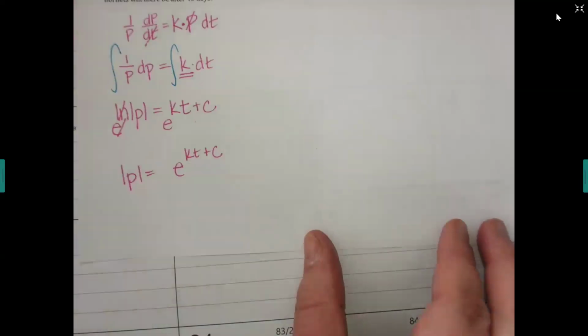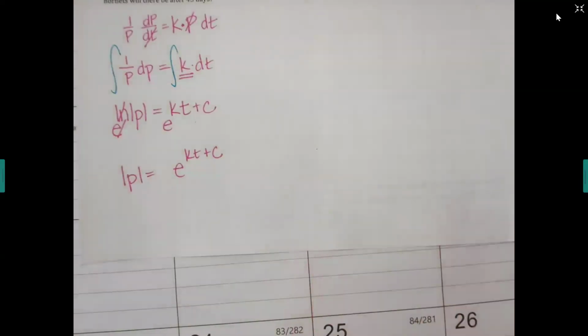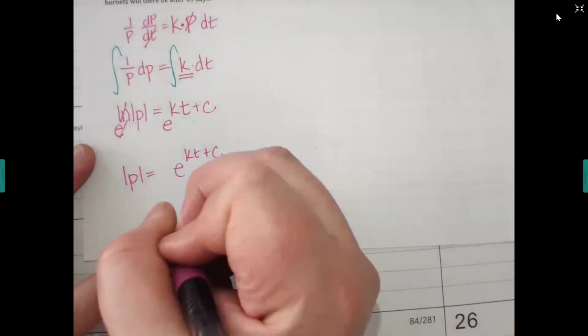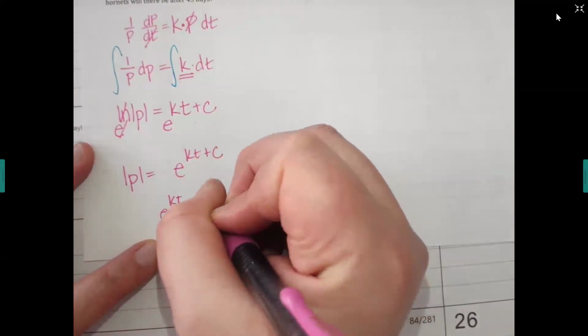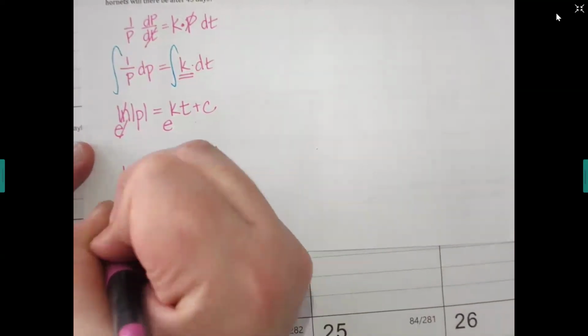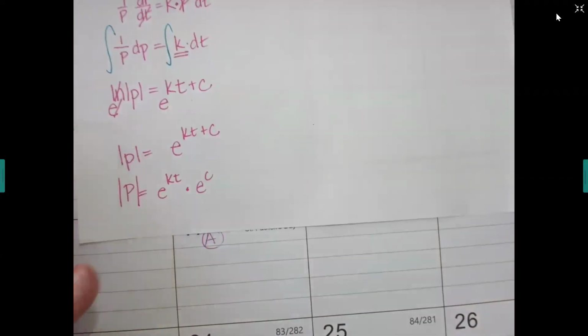Okay, at this point, there's a special rule that if you have e to the kt plus C, that is the same as e to the kt times e to the C. And you should kind of recognize this rule that if I'm multiplying things with the same base, really I would just add the top numbers. So we're using that same property to separate.